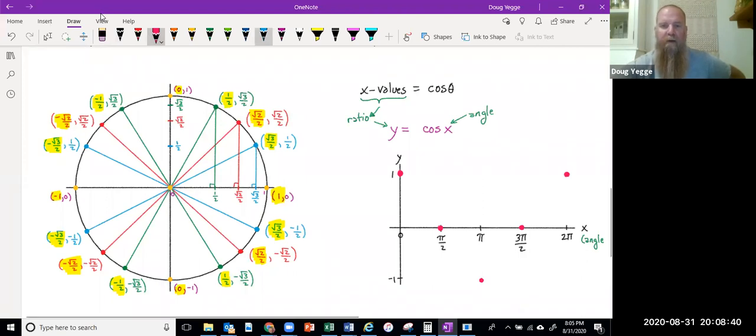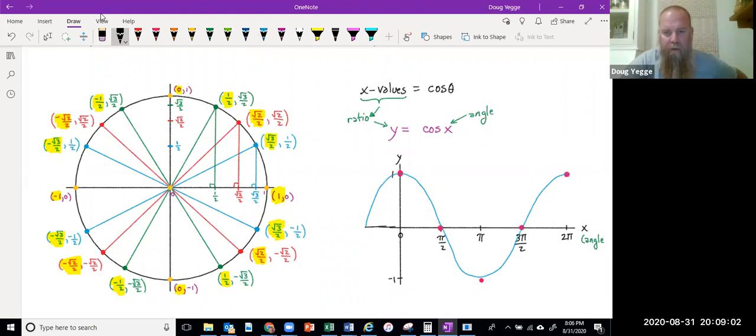And so if we were to now connect the dots, we should realize that it actually looks very similar to our graph of y equals sine of x. The only difference, if I were to continue this downwards, is that the start would actually occur back here at negative pi over 2.